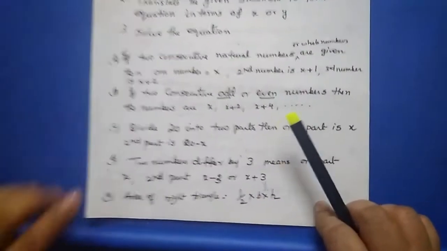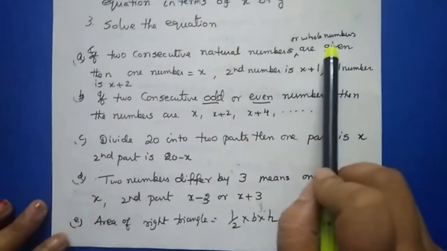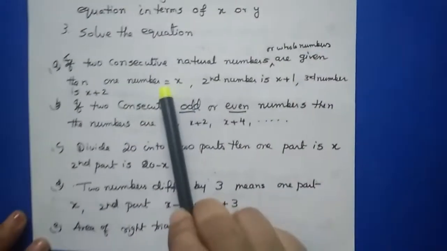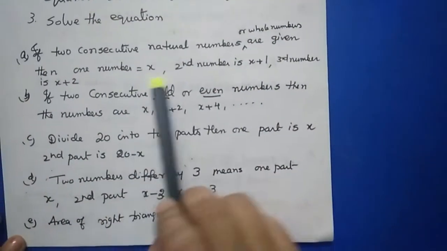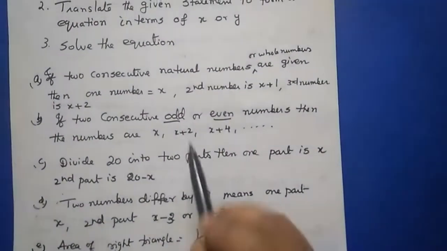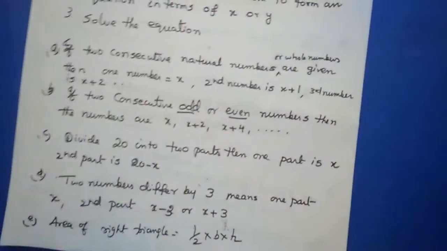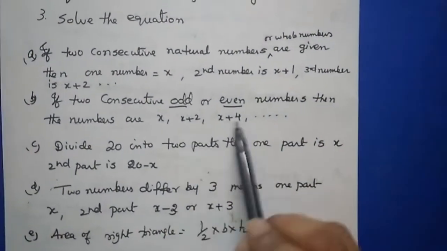Now you have to remember all the points to make the equation. If two consecutive natural numbers or whole numbers or integers are given, you have to take one number as x, the next number x plus 1, x plus 2, etc. Now, if two consecutive odd or even numbers are given, you have to take one number as x, the second number x plus 2, x plus 4.